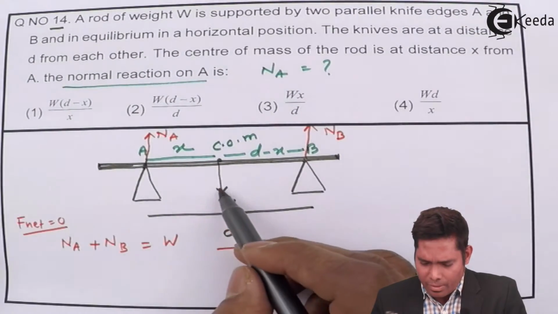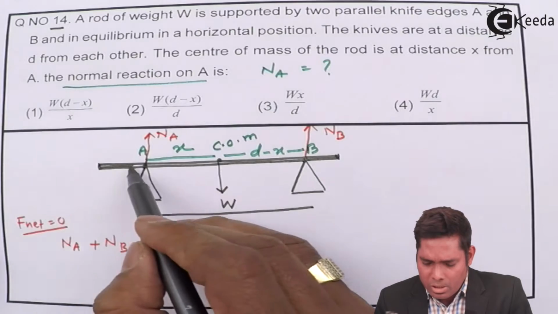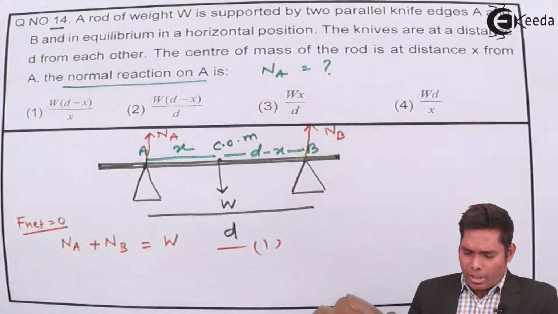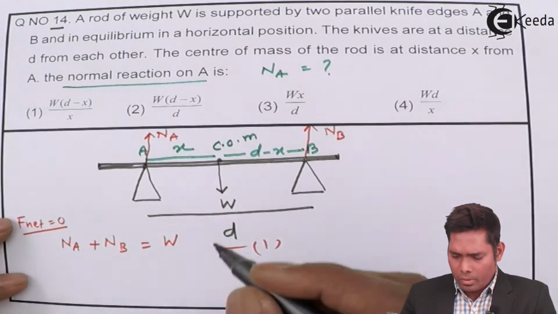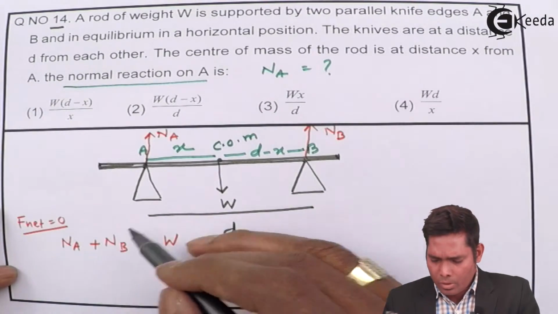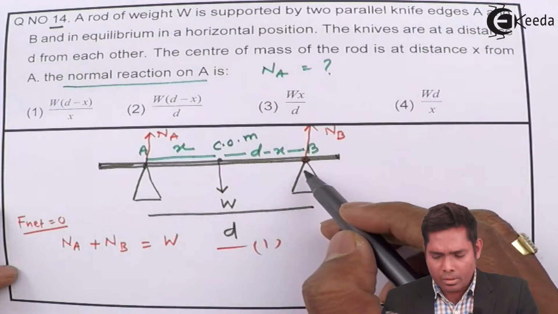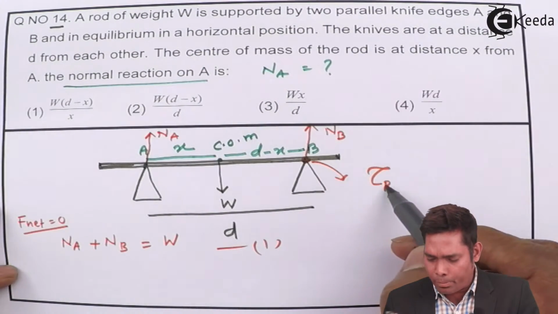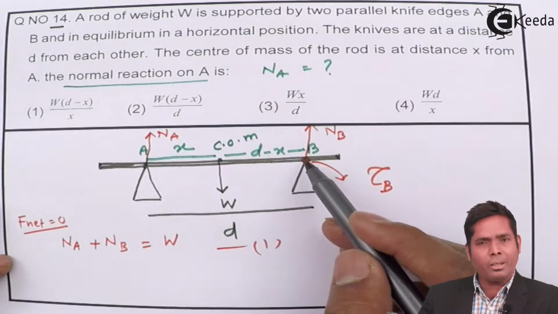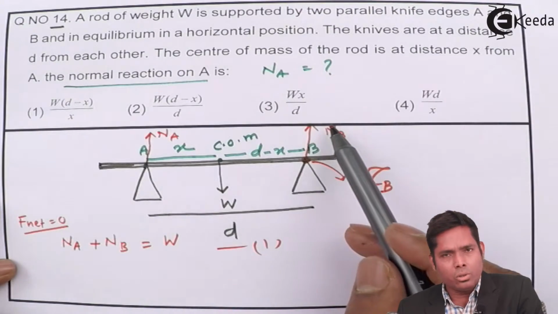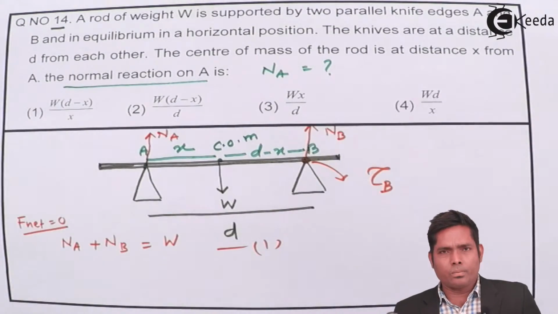About which point do I want to find the torque? Since net force is 0, and I don't want NB, I will consider point B. If I find the torque about B, then the torque contribution due to this normal reaction will be 0.